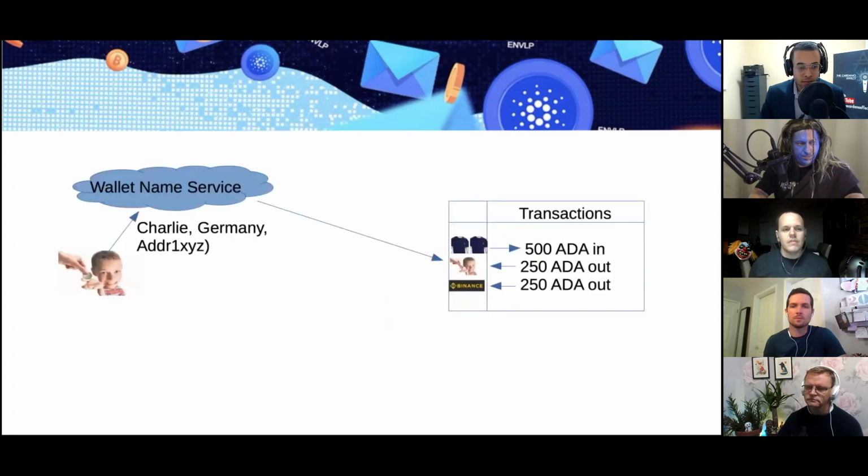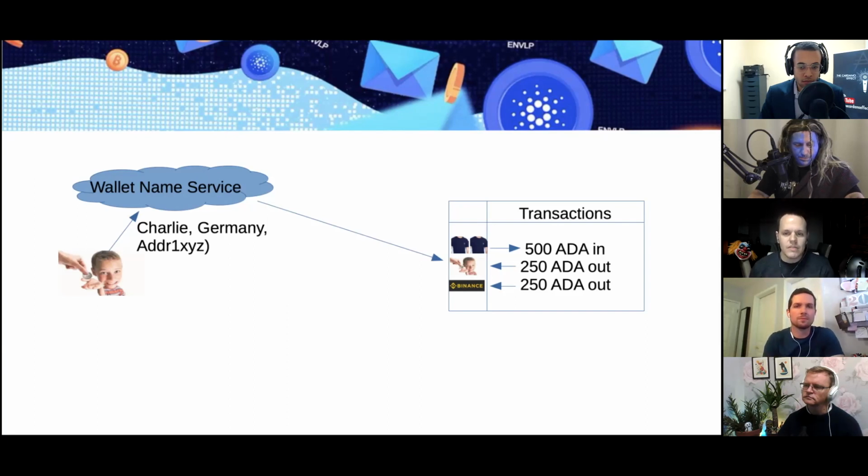But it could also enable things like that. Let's say someone builds a wallet name service, meaning I can associate a name or my name to a wallet address. Let's say Charlie lives in Germany and he has this wallet address 1XYZ.